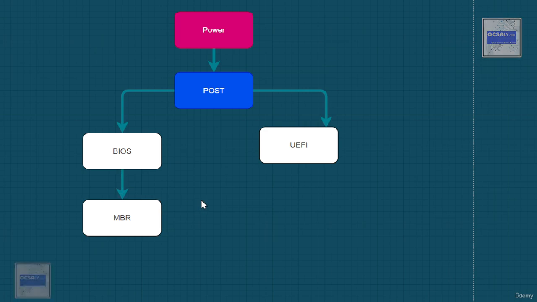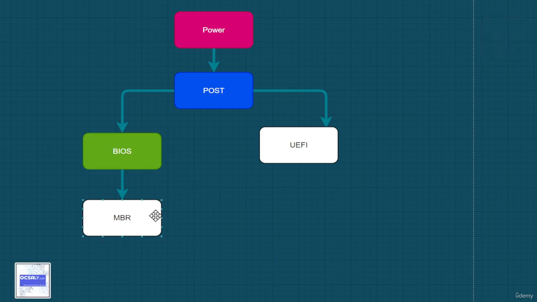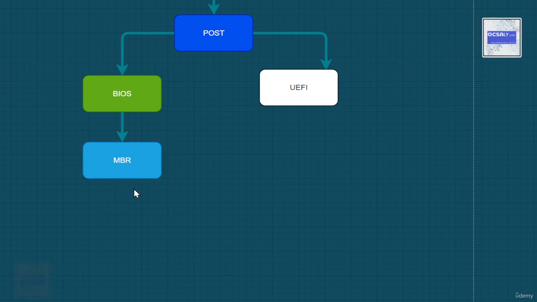MBR holds the information about partitions, and also it holds information about the file system and the bootloader code for the installed operating system. Once the MBR is found and the bootloader has been activated, control is then passed over to the operating system to complete the boot process.